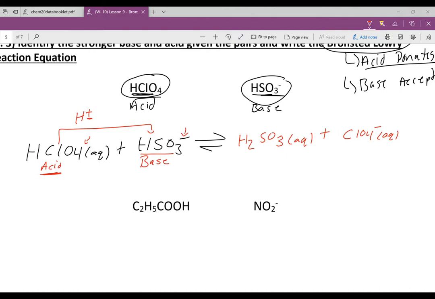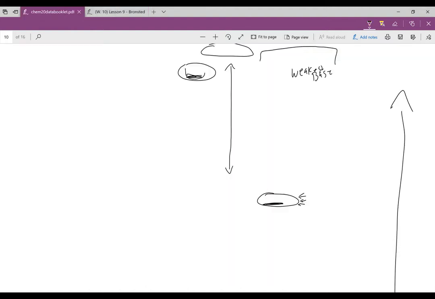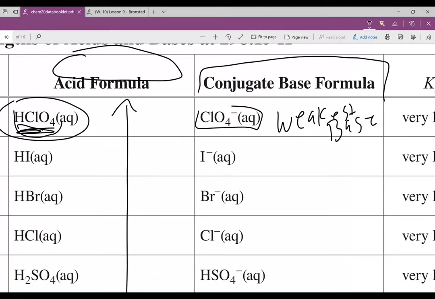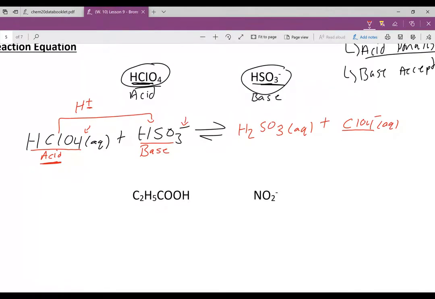And if we go back to our data booklets, HClO4 turned into ClO4 negative. Well, guess what? That is its conjugate base formula, if you see that there. So this, of course, is the conjugate base pair to my HClO4.